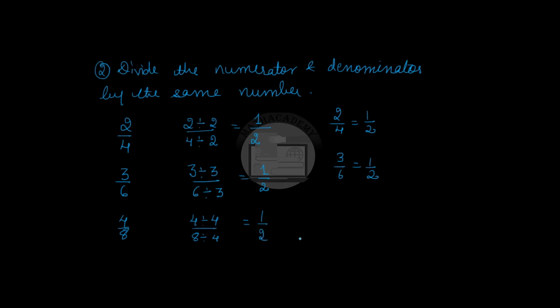So again we get 1 by 2. So we see that 2 by 4 is equivalent to 1 by 2, 3 by 6 is equivalent to 1 by 2 and 4 by 8 is also equivalent to 1 by 2, which means that 2 by 4, 3 by 6, 4 by 8 are all equivalent and they are equivalent to 1 by 2.